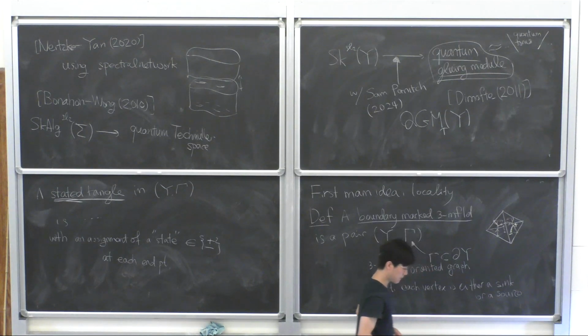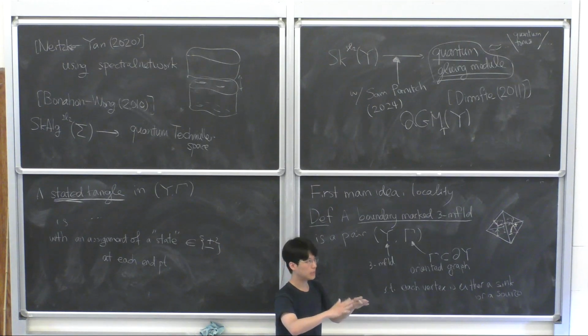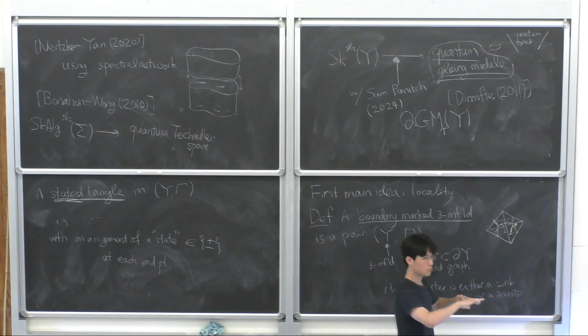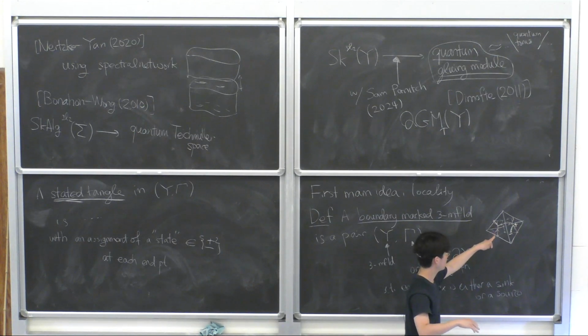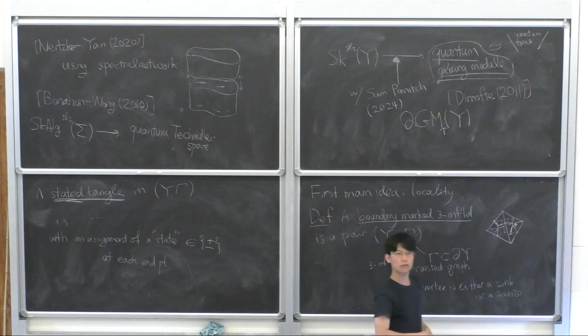In a 3D spectral network, our three-manifold has a one-dimensional foliation, which is analogous to the WKB foliation for surfaces, and the space of leaves, or the leaf space, would be some sort of foam, and these boundary markings are the boundaries of the foam.